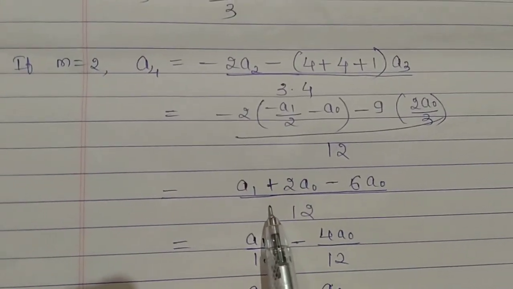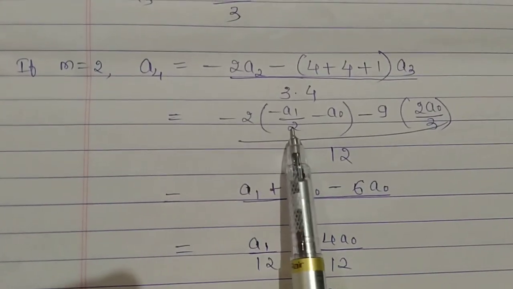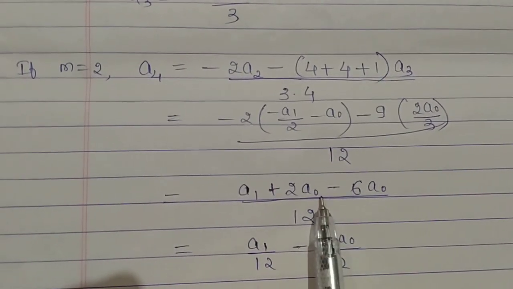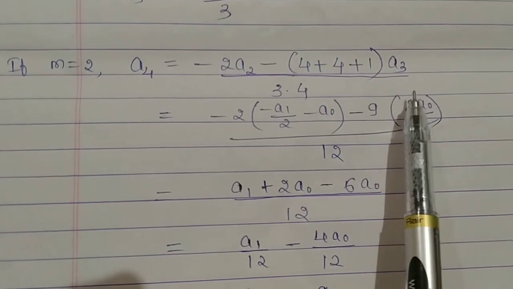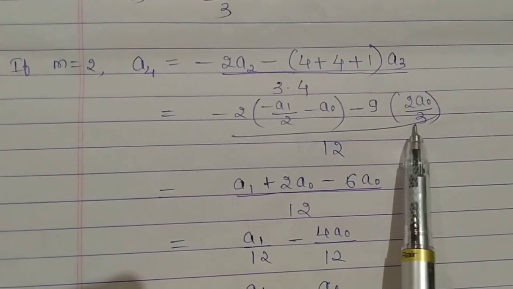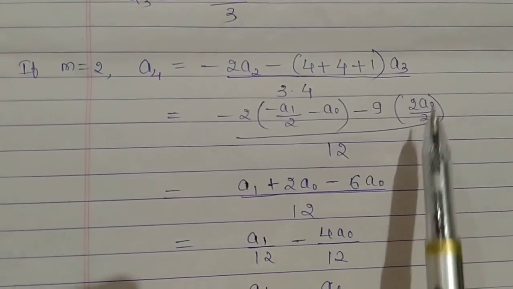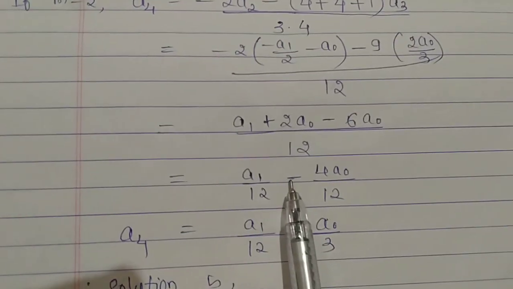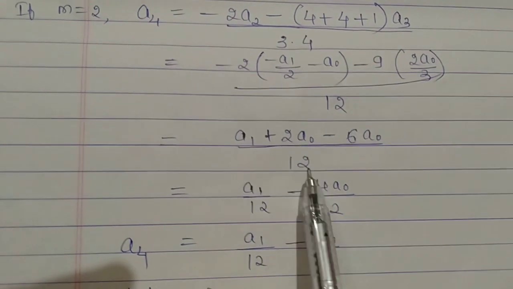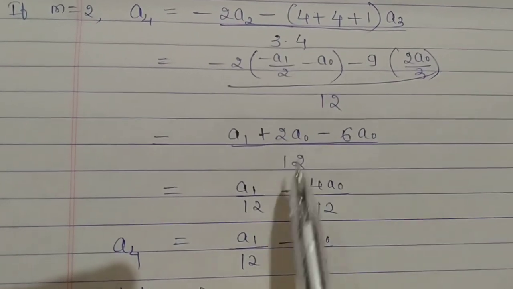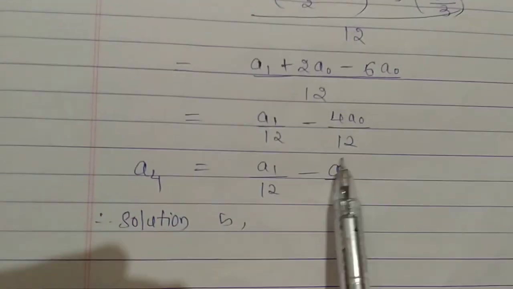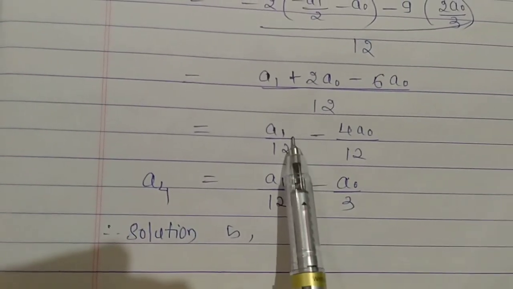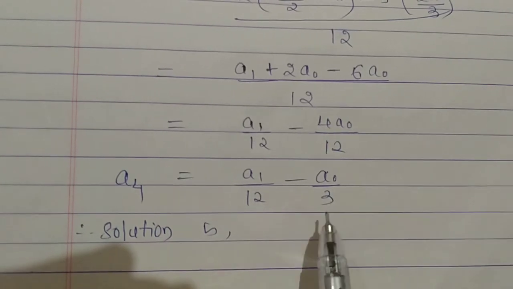After simplifying, the 2 and 2 will get cancelled, and we will get a1 + 2a0 - 6a0, because 3 and 3 into 2 is 6, divided by 12. Again, this will be a1/12 - 4a0/12, and this is my a4. Again we can simplify this as a1/12 - a0/3.